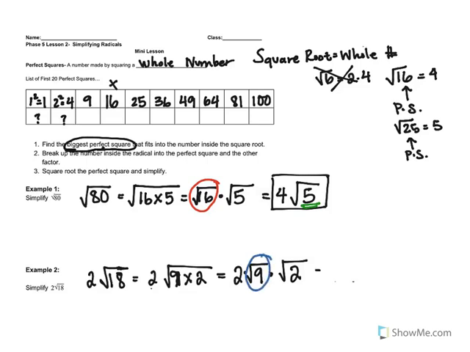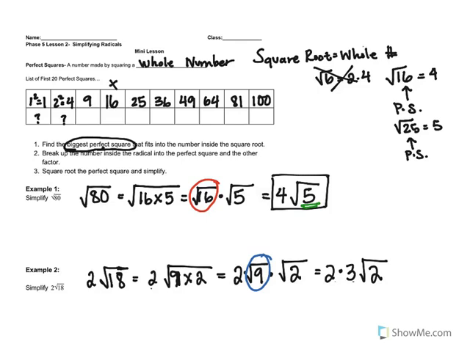So that means that 2 times the square root of 9 should give me a whole number, because that's a perfect square. So that's 2 times 3. And then that radical 2 remains just like that, because there's no perfect square that I can divide 2 by.